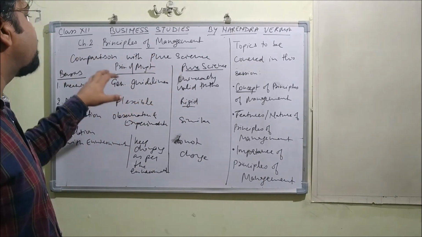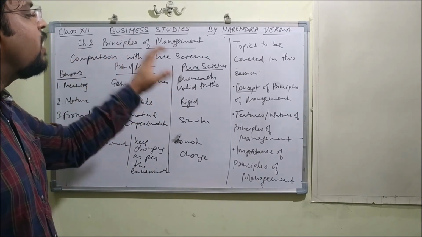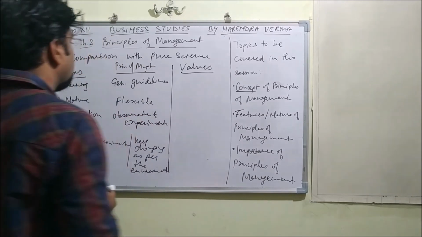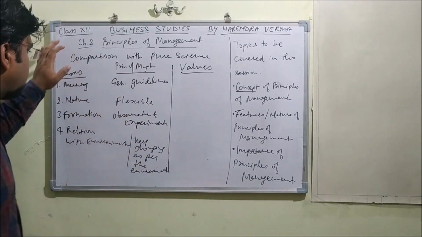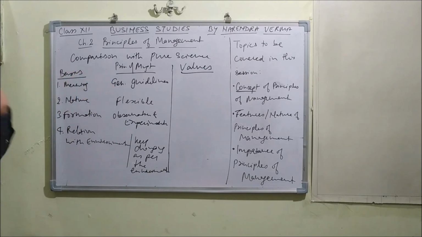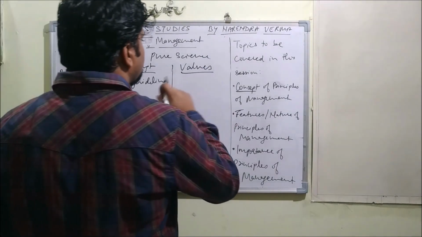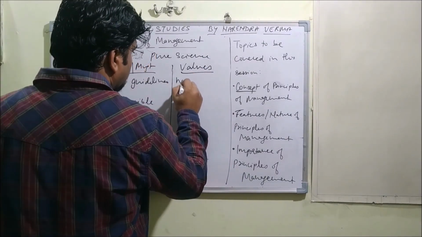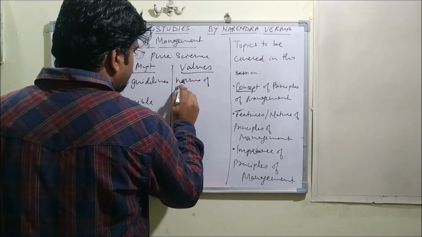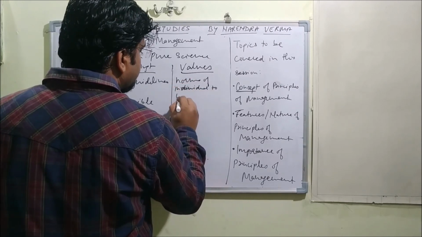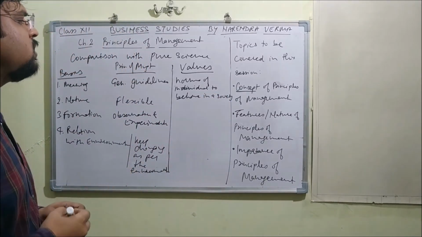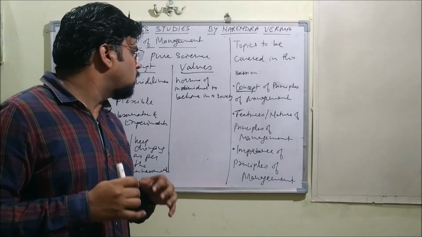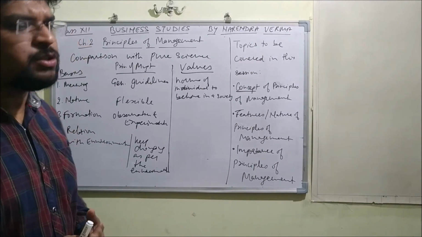Now we are going to compare principles of management with values, on the same bases. The meaning is the first. Let's know the meaning of values. Values are the general norms for individuals to behave in a society.